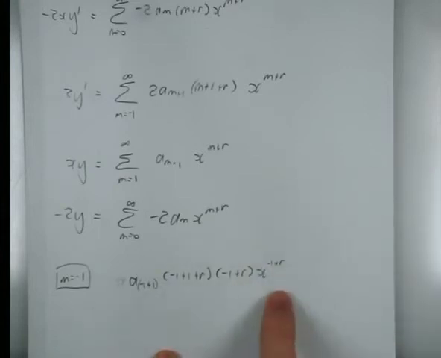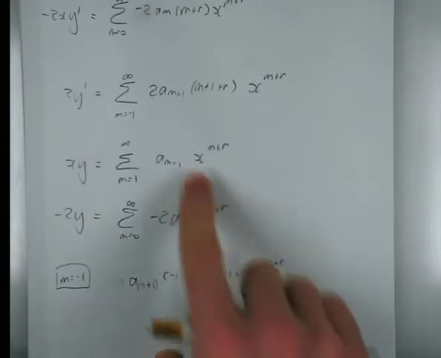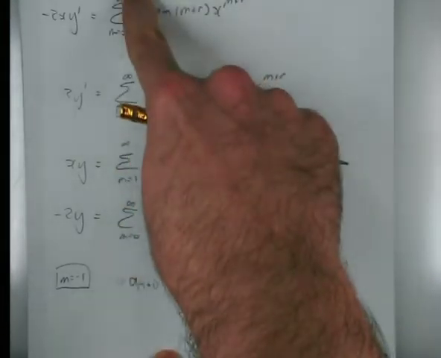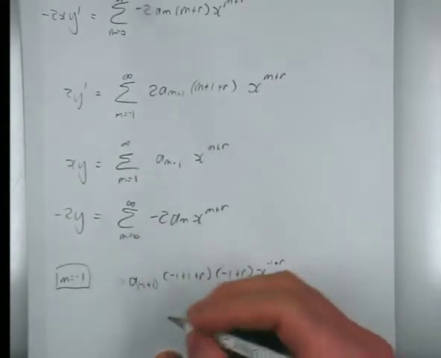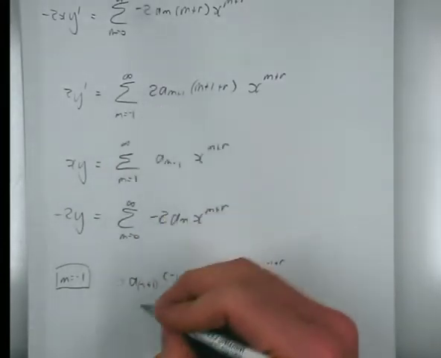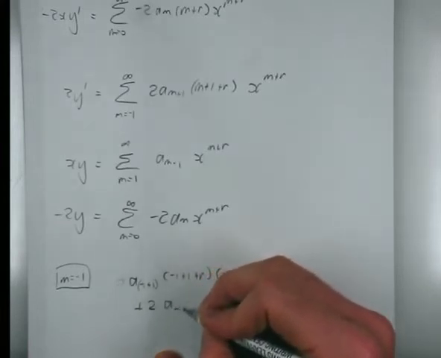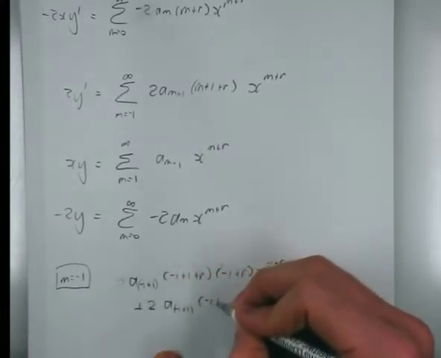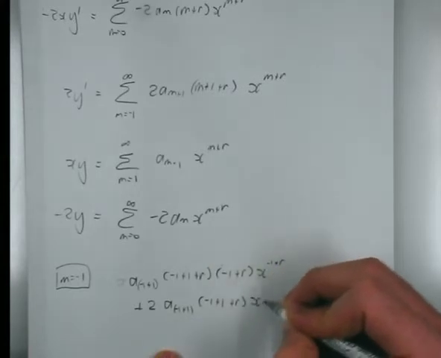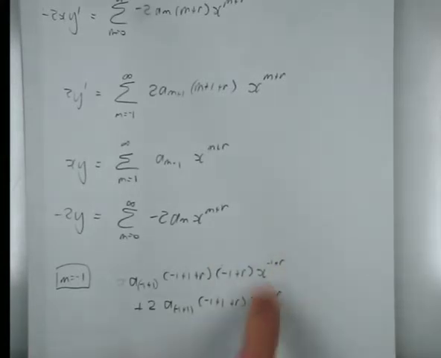Not that it matters, but it's important to have that, just for my own sanity. And this one's got a minus 1 as well. This one doesn't have any, this one doesn't have any. And so the other one with the minus 1 is this one, plus 2, a minus 1 plus 1, minus 1 plus 1 plus r, x to the minus 1 plus r. Cool, and so they have the same power, which is the whole point of this.